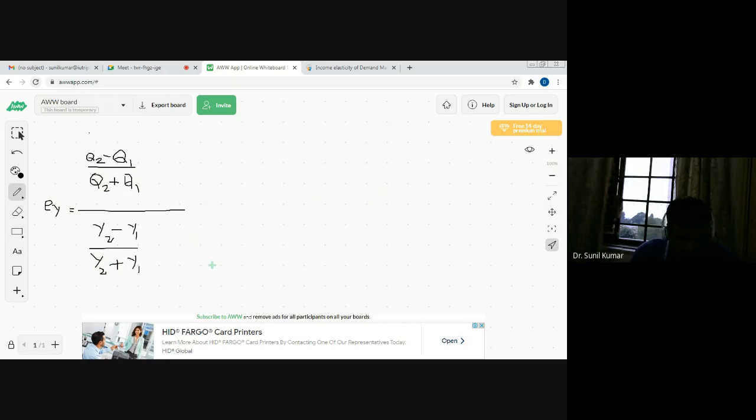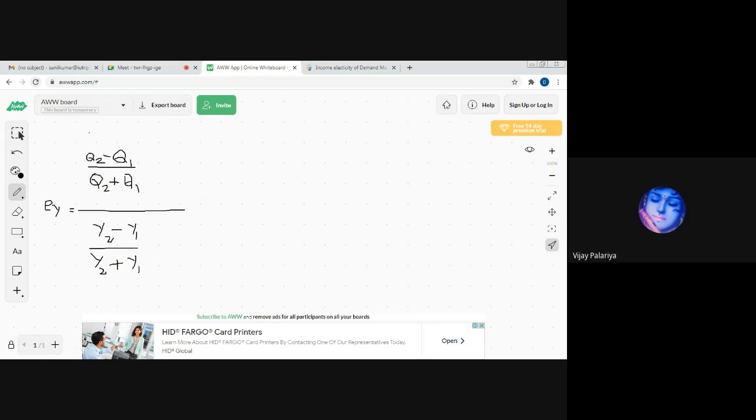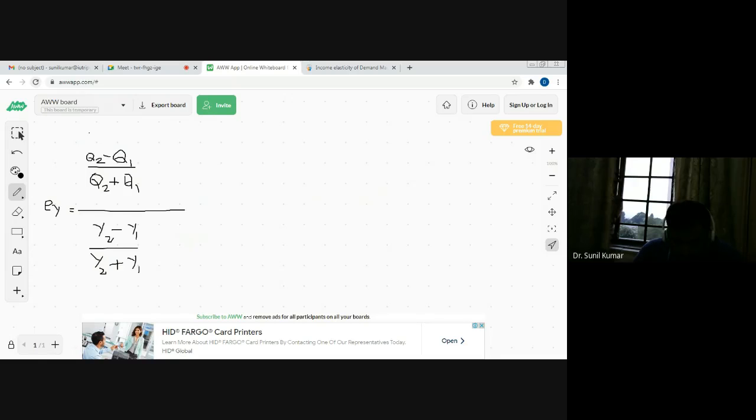Okay, write down one example illustration for solving questions. Question number one. Suppose a consumer's income is rupees 1000 and he purchases 10 kg of sugar.